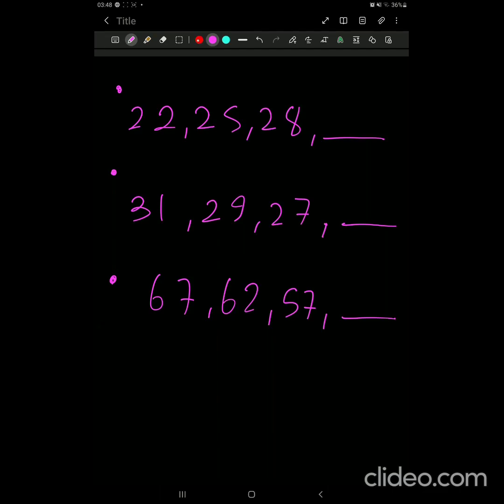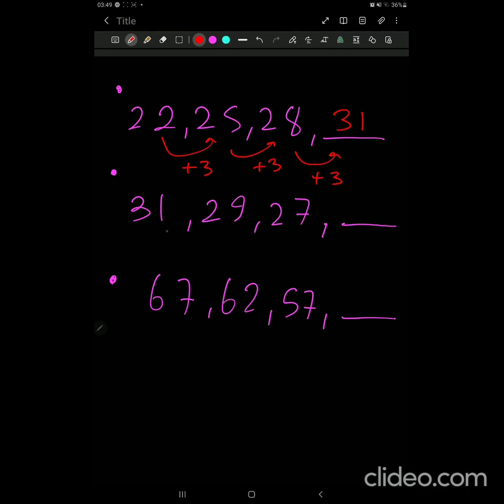If you have solved the questions, the first one is 22, 25, 28. What rule does it follow? It follows plus 3. Therefore the number after 28 will be 28 plus 3, which is 31. The second one, we can see this is a subtraction, right?